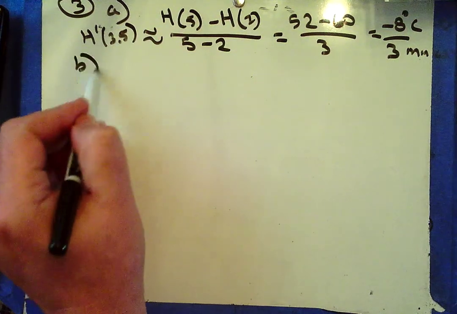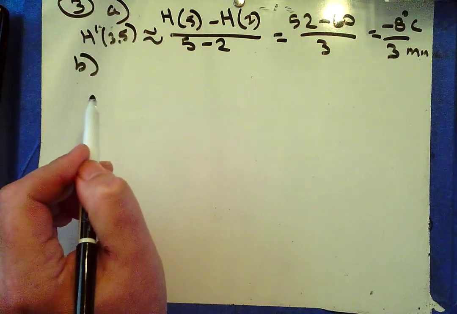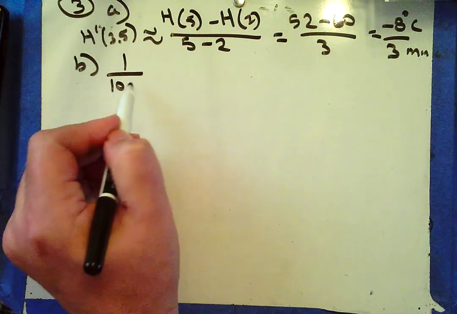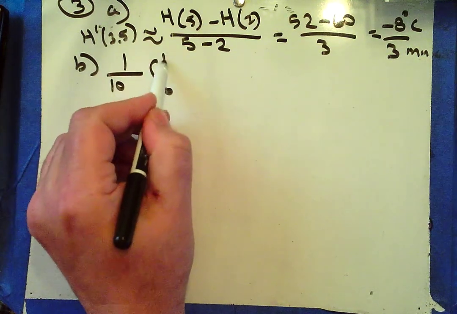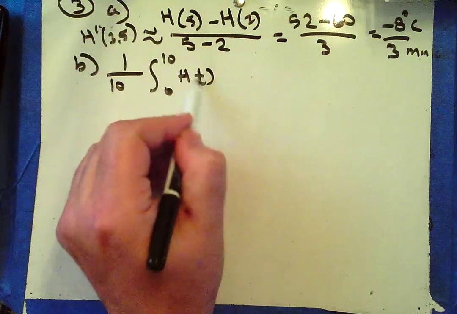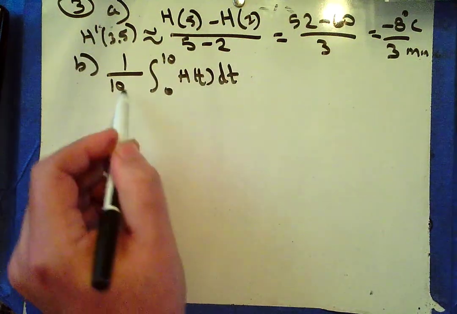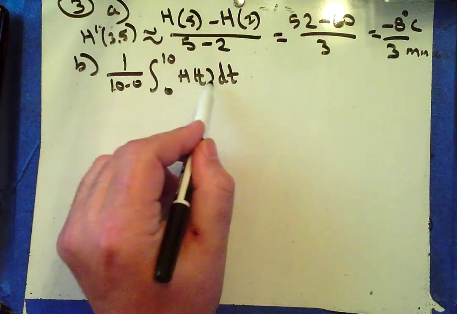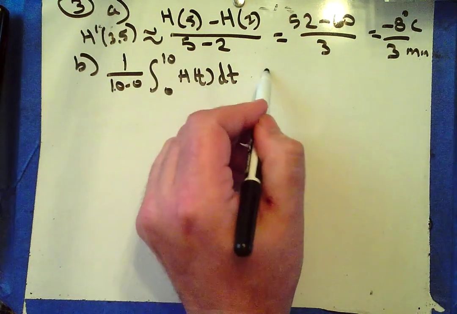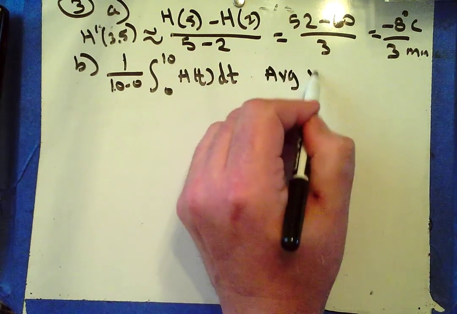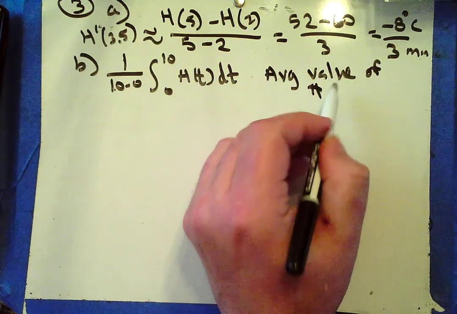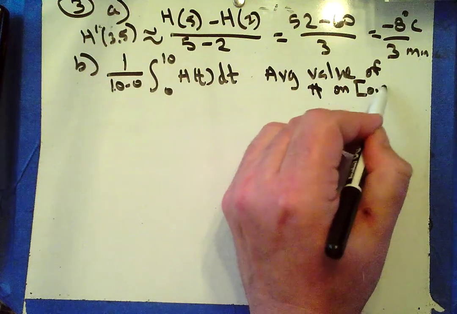What about part B? Part B says, using correct units, explain the meaning of 1/10 integral 0 to 10 of h of t dt. Well, this is 1 over b minus a integral a to b of h of t dt. We know that's the average value of h on 0 to 10.